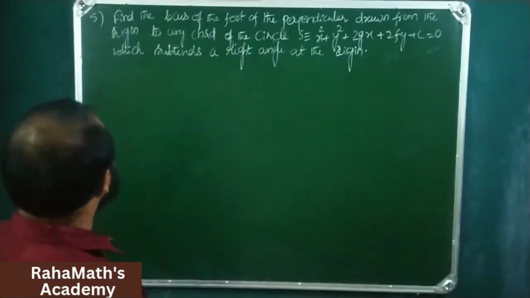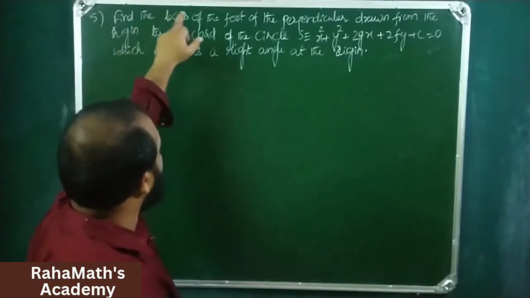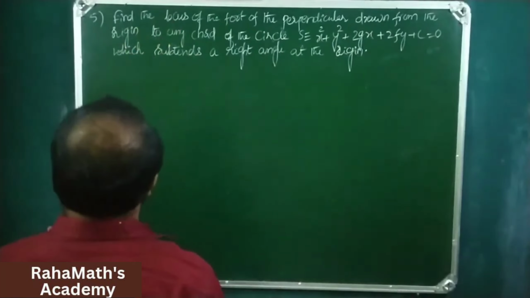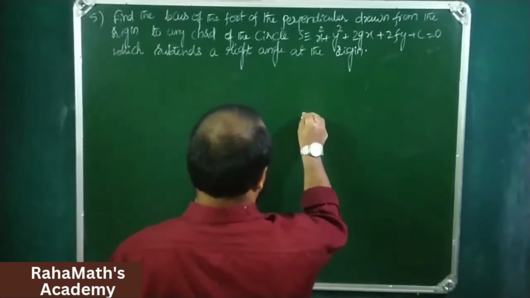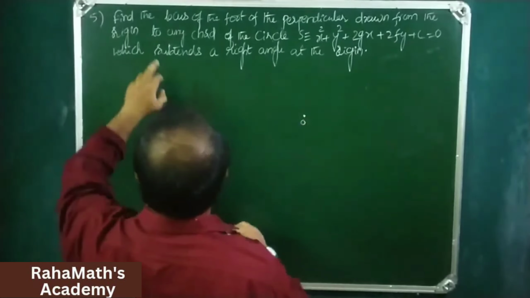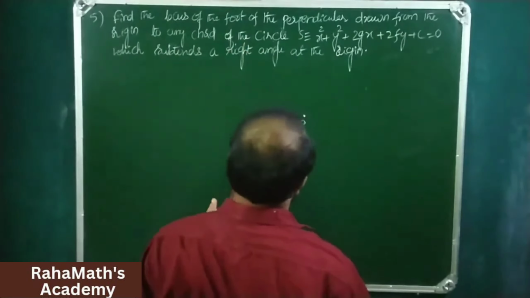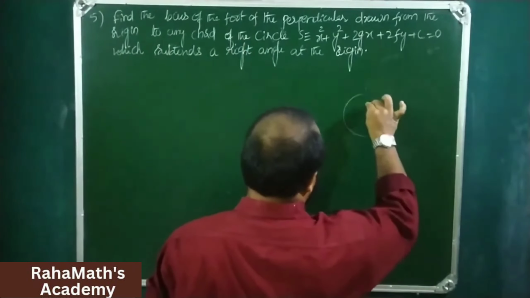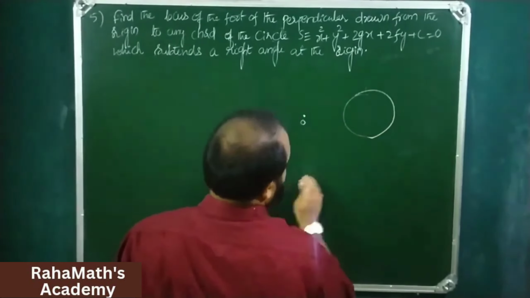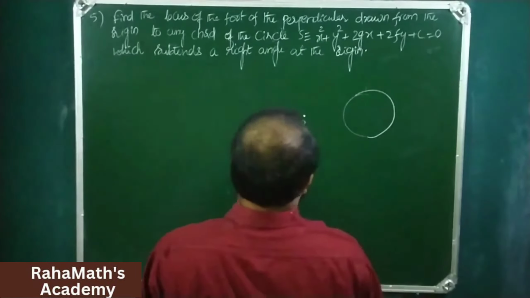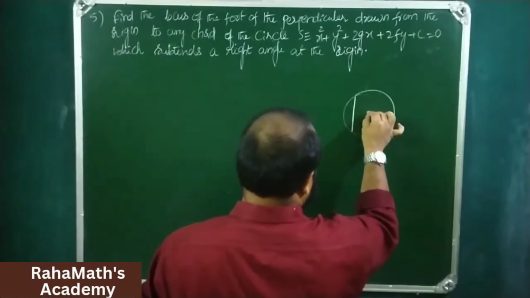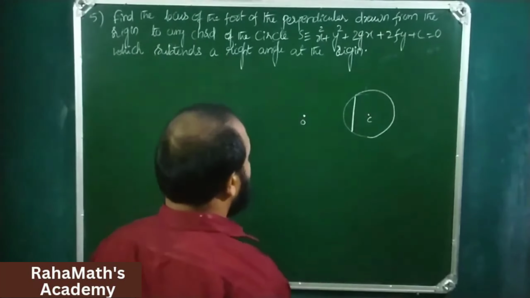So the next question is, find the locus of the foot of the perpendicular drawn from the origin. Let us suppose that this is the origin O, and this is the circle, and this is a chord, and this is the center of the circle, for example.